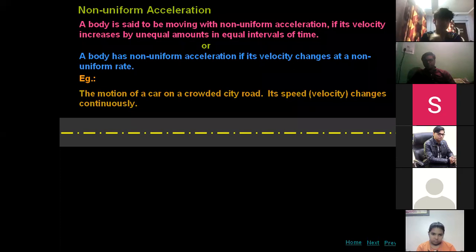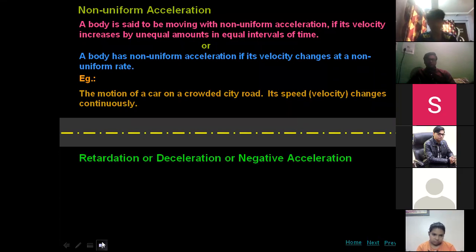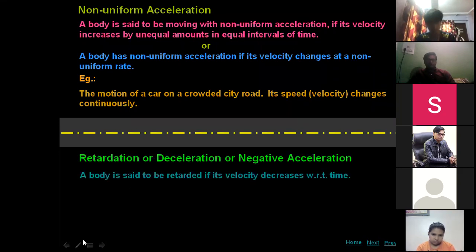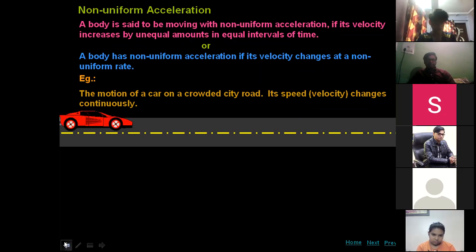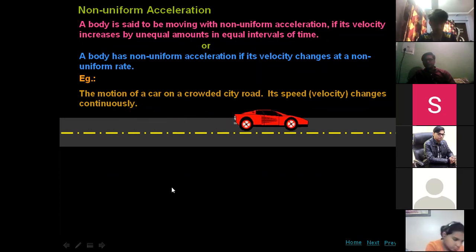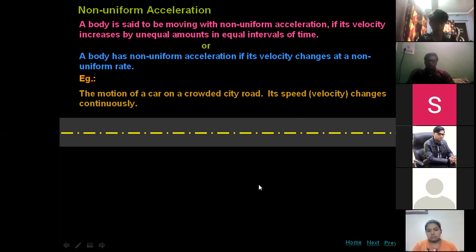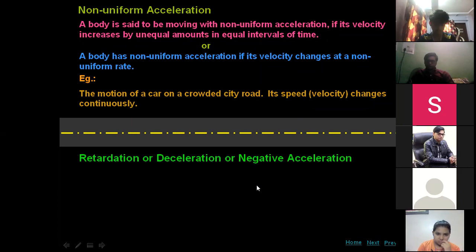The speed is not constant. Yes, speed was not constant. Initially, it started from rest and then applied the brake, then again started. So there was variable velocity. There was a change in velocity, and therefore the motion is called non-uniform accelerated motion.